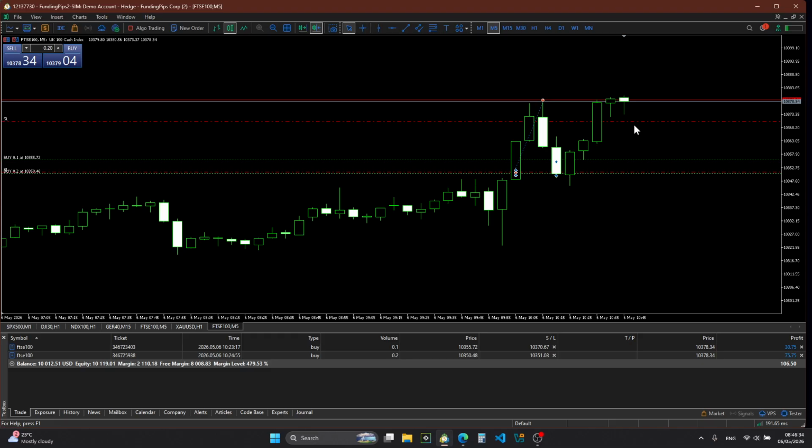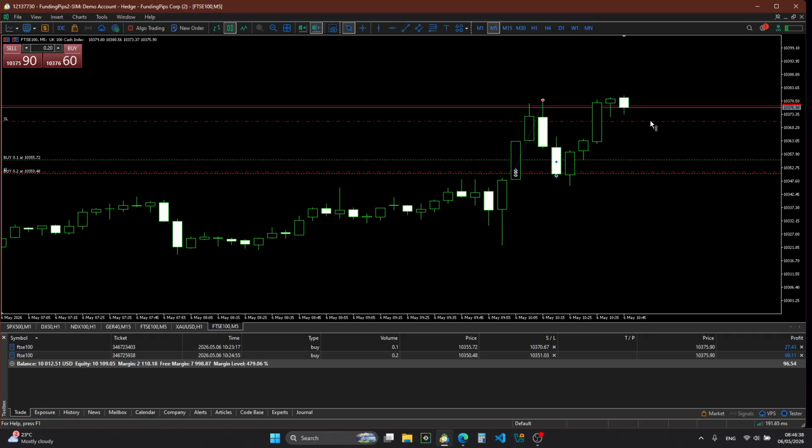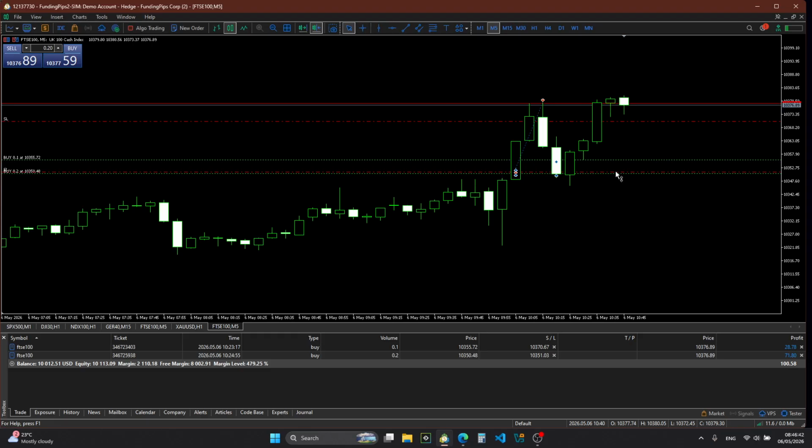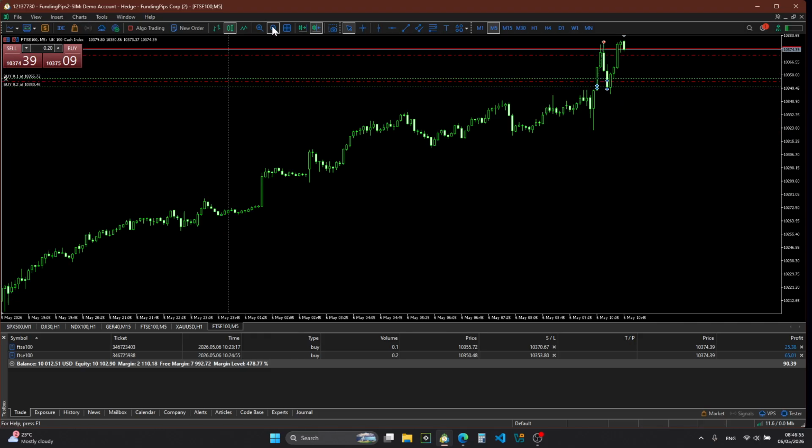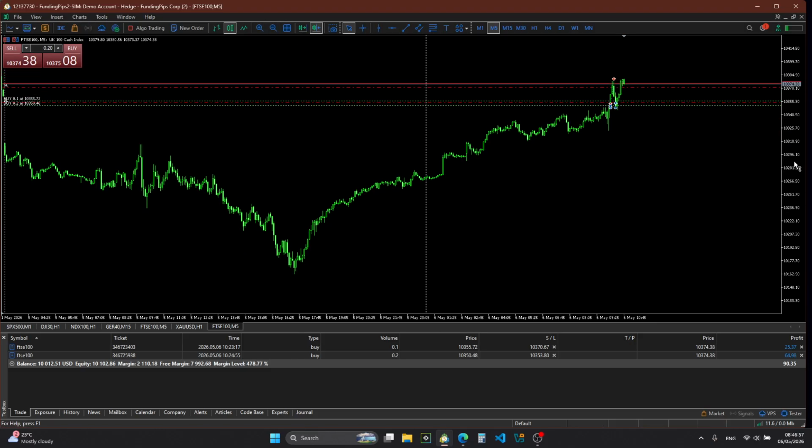If it does not take it, then also good. This one I will take to the moon, and this one is the choice of the market. If the market wants to give me 20 right now, give me 20.